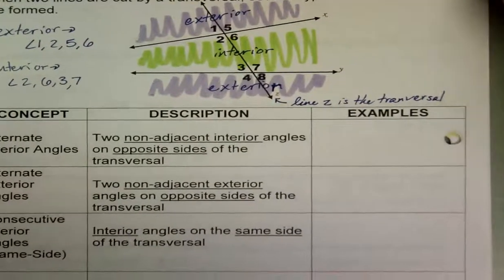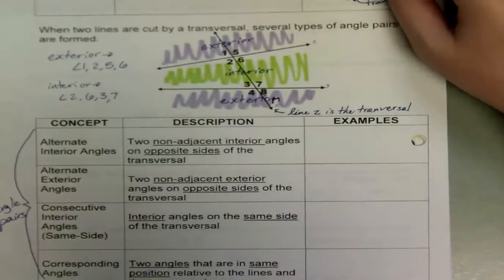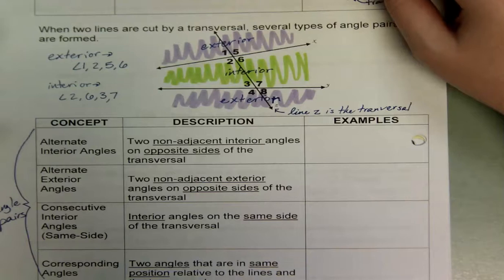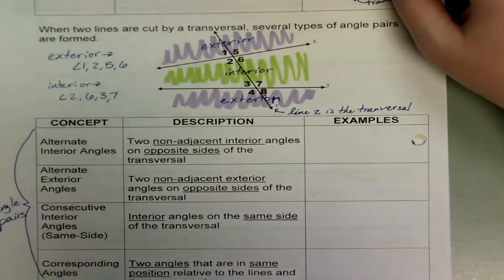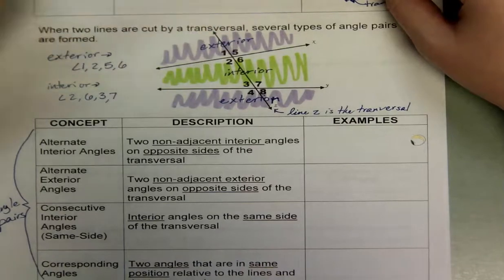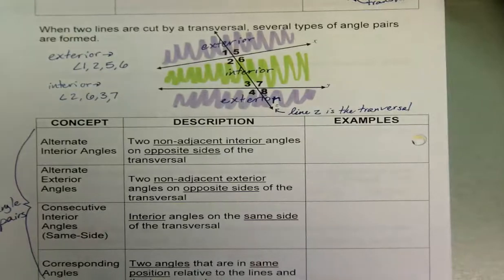So if we just think about the words, alternate and interior. Anytime you see the word alternate, it means it's on an alternate side of the transversal. If you see the word interior, it means that the angles have to be inside the two lines.